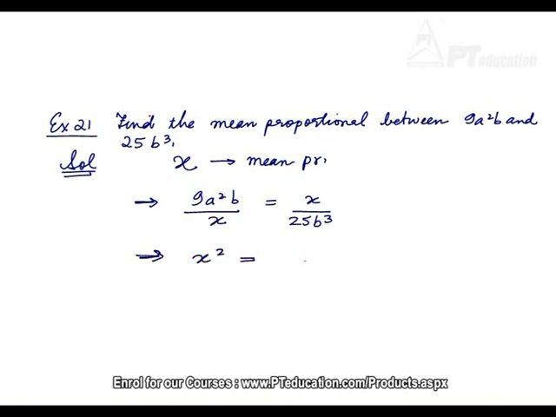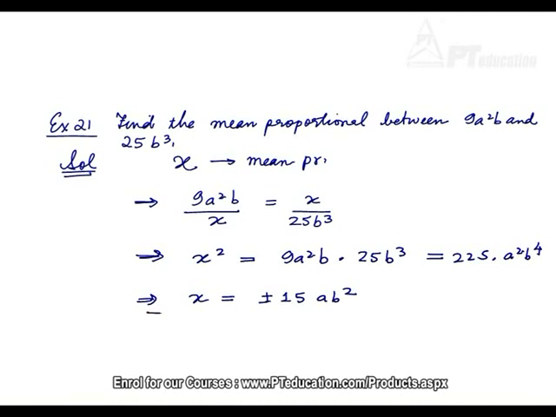So you solve for x, and it gives you x square will be 9a square b into 25b cube. Now if you further simplify this, this gives you 225 into a square b fourth. So x will be nothing but plus minus 15 ab square.